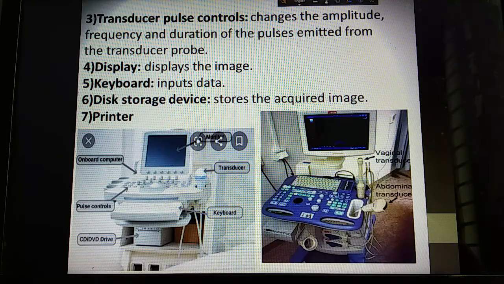In an ultrasonogram machine, we have seen the basic parts here. First one was our transducer probe, then CPU, then transducer pulse controls, display, keyboard, disk storage device, printer. Some other parts also remain in the ultrasonogram machine, but we are trying to focus on the major parts here.